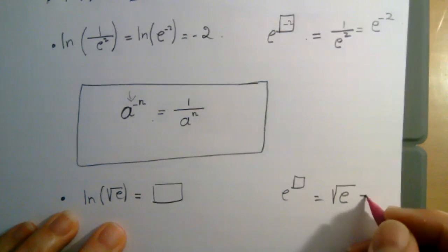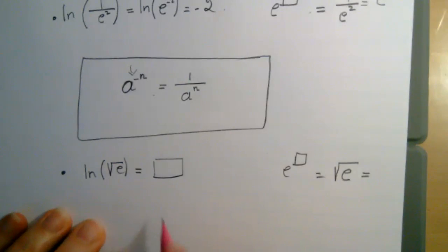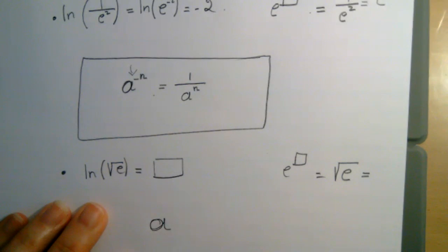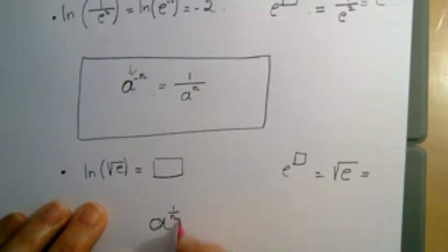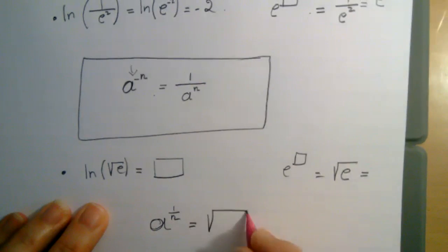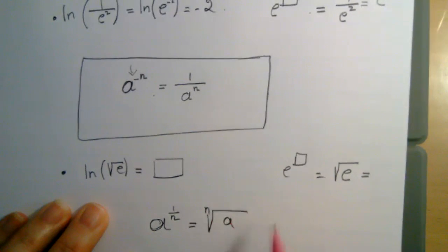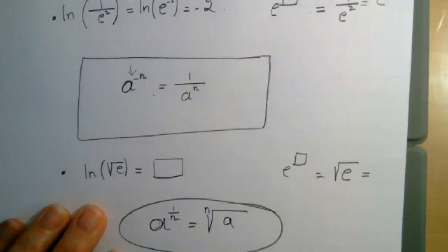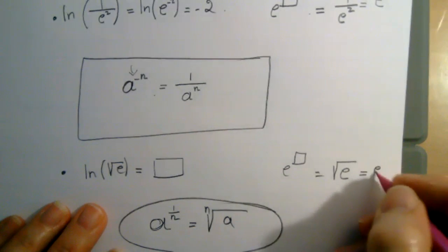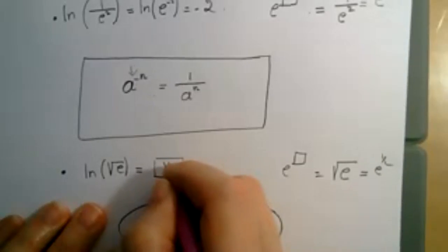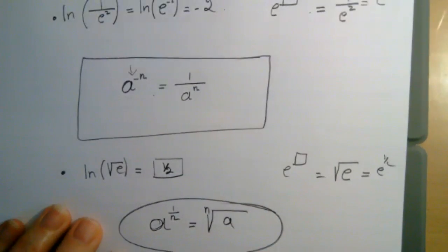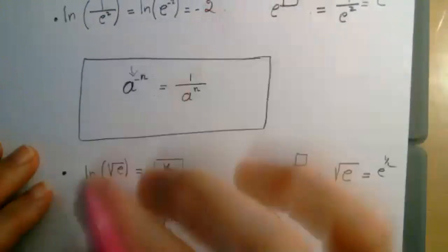So this is a good place to remember the rational exponent. a to the 1 over n is the nth root of a. So this is e to the half, that's a half. Okay, so keep them in mind. You're gonna need that a lot.